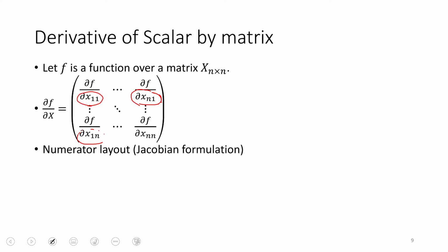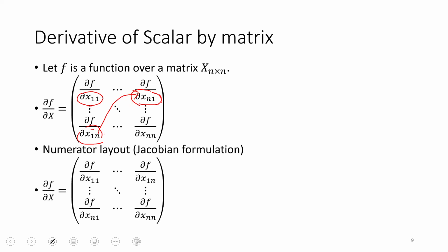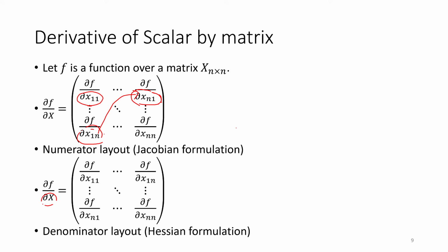Obviously you can transpose that. You can have another way: you can put 1n here, and that's another layout. It is based on the denominator x, and we call it the denominator layout, also called the Hessian formulation. In the following derivation, we'll use the numerator layout, and notice that these two are just transposes of one another.